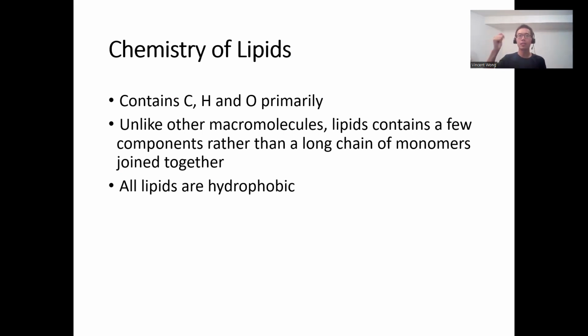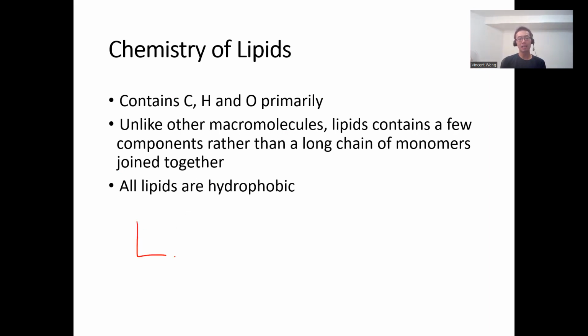Carbohydrates, proteins, and nucleic acids are long chains of the same monomer being repeated, right? In the case of a polysaccharide, such as starch, it is glucose connected to glucose connected to glucose many times, right? Lipids are different in the sense that there are no repeating units.